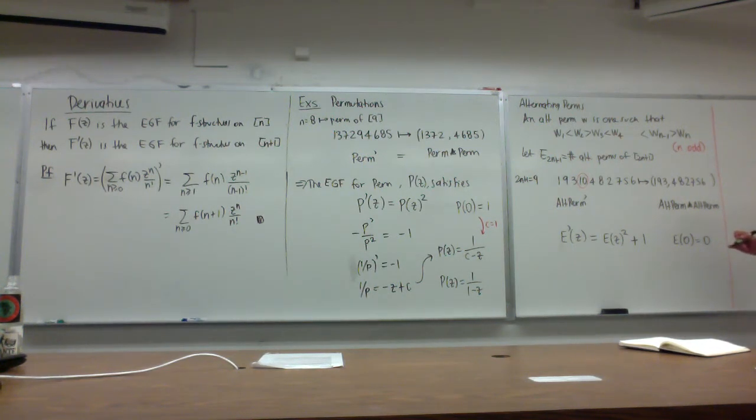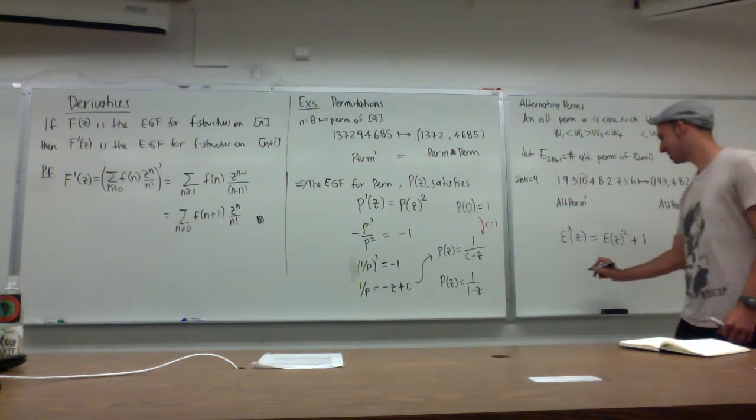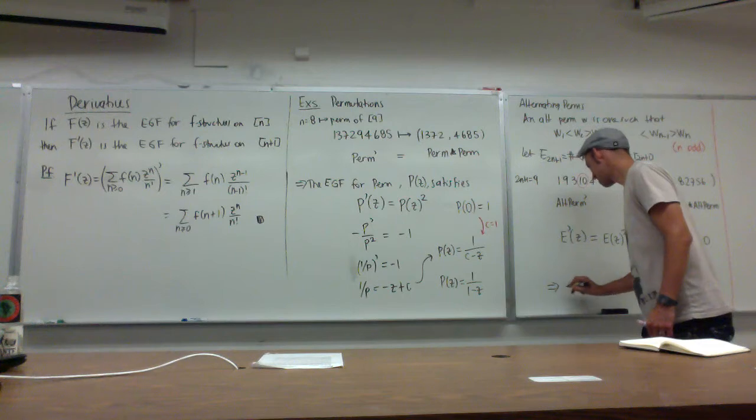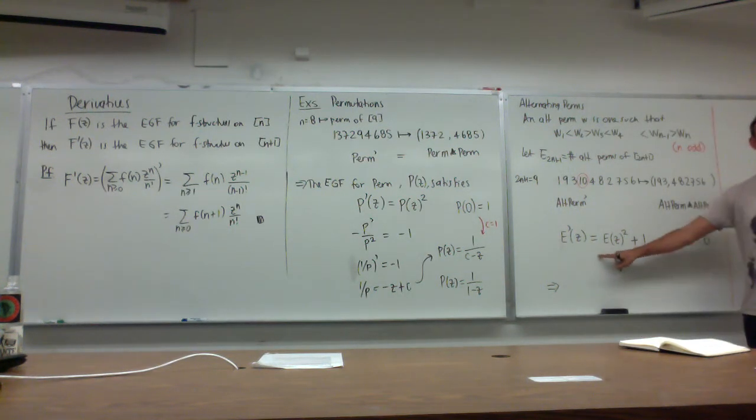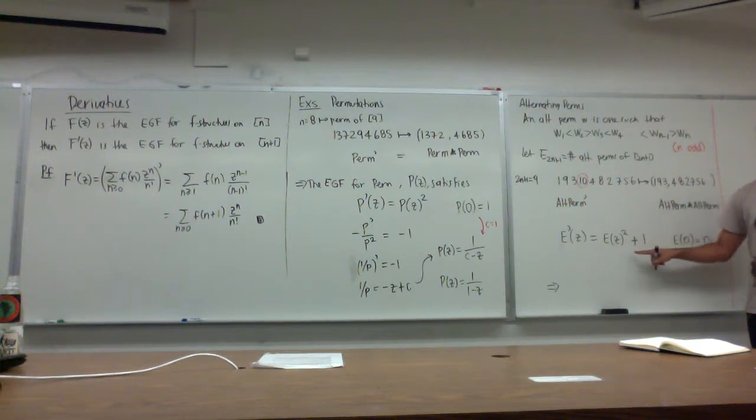And so I get a differential equation. Does anybody remember the solution to this differential equation? This is a substitution that is related to this x squared plus 1 in differential equations.